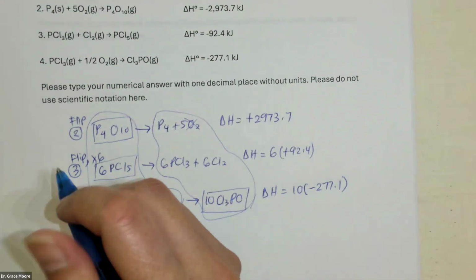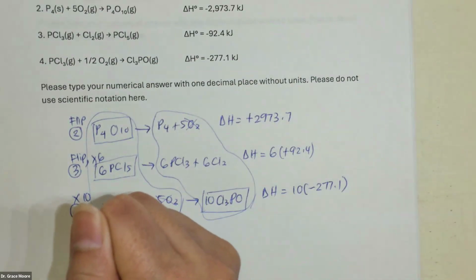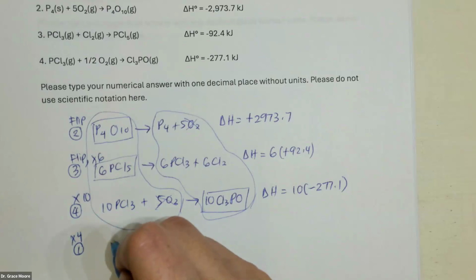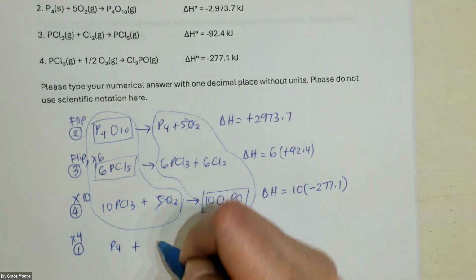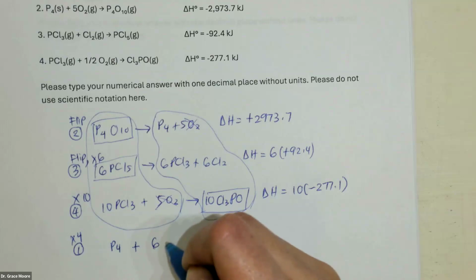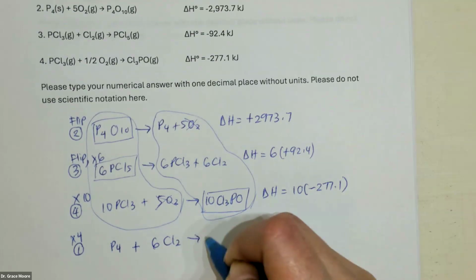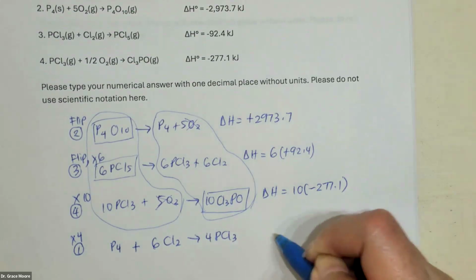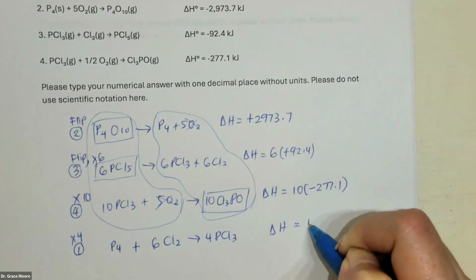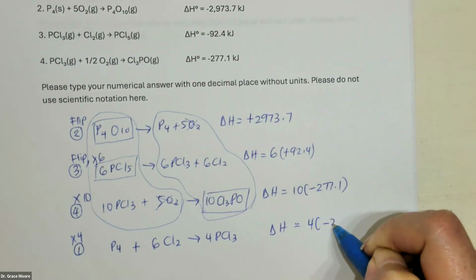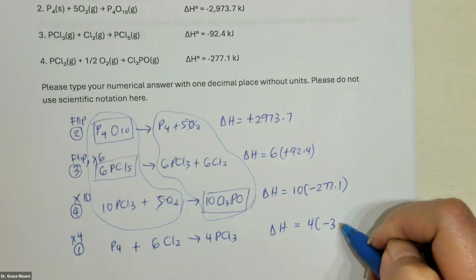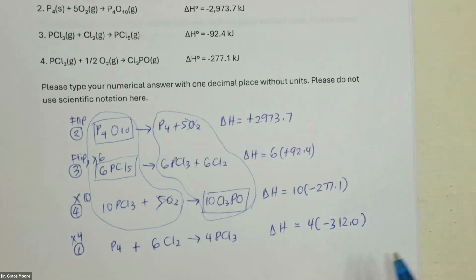Line 1, I'll keep it the same way, but times 4. So when you times 4, you get P4 plus 12 over 2 becomes 6 Cl2 goes to 4 PCl3. And then your delta H would be 4 times negative 78, negative 312.0.